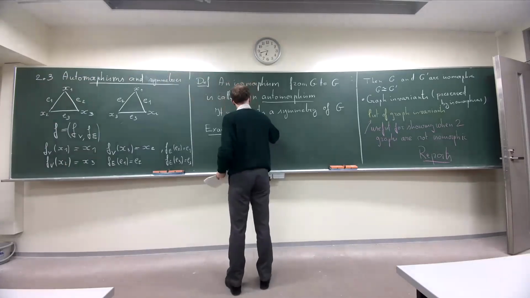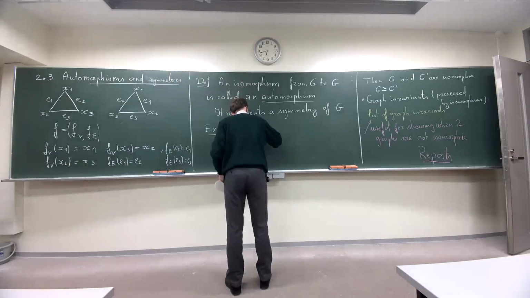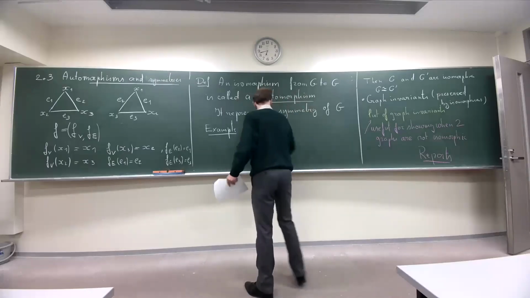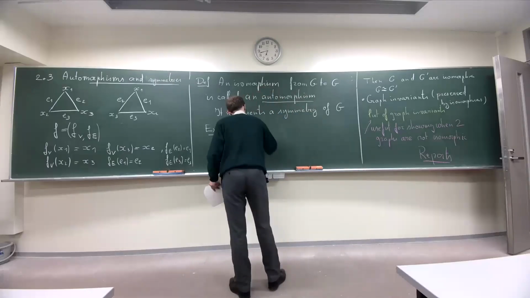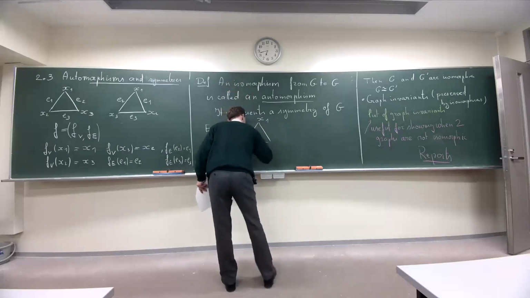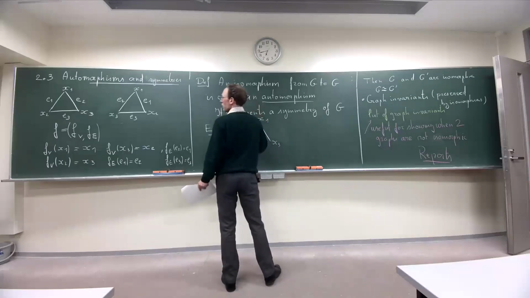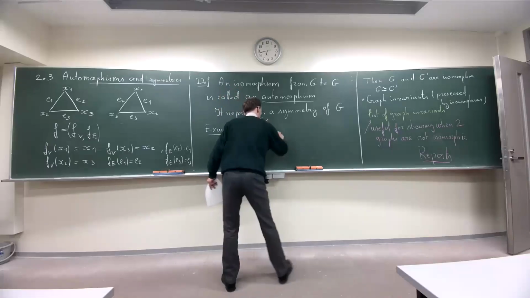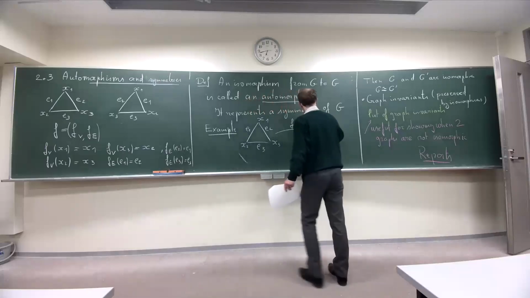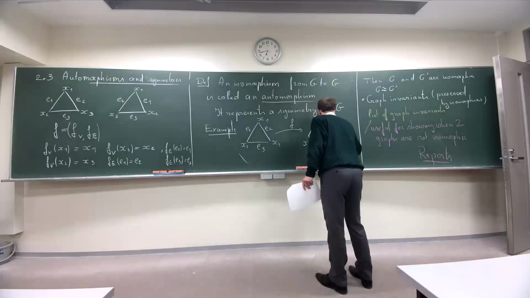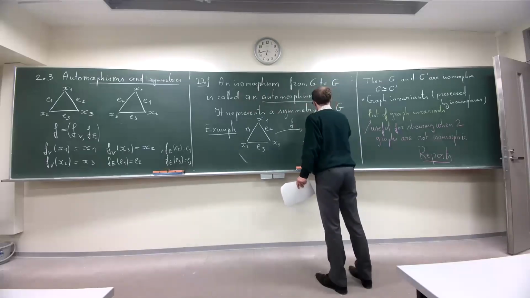Oh, I didn't even write it, so let me do it with a picture instead. The same x1, x2, x3, and we have e1, e2. You can send it with a new f, where now I do a kind of rotation, x1, x2, x3.